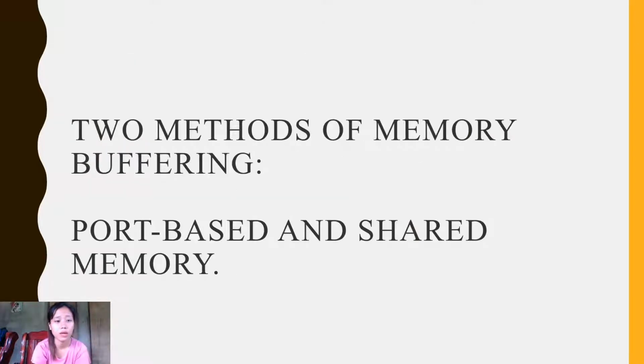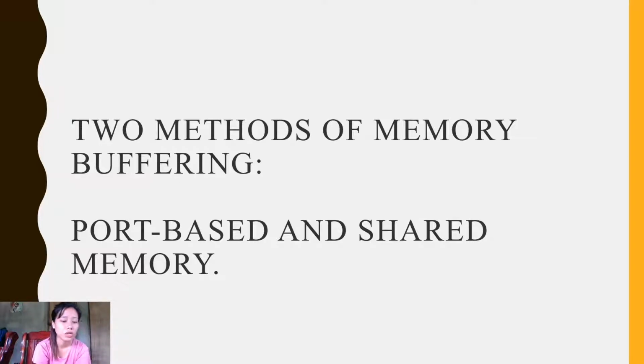For the next one, we have two methods of memory buffering: port-based and shared memory. In port-based memory buffering, frames are stored in queues that are linked to specific incoming and outgoing ports. A frame is transmitted to the outgoing port only when all the frames ahead of it in the queue have been successfully transmitted.